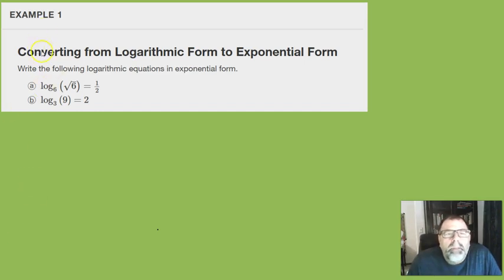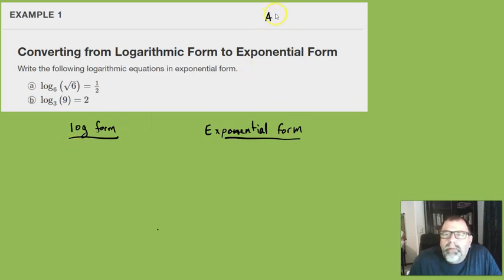Okay, let's look at example 1, converting from logarithmic form to exponential form. Write the following equations in exponential form. So we've got log form, exponential form. What I like to do is just remind you, right? So again, our mantra is going to be a logarithm or a log equals an exponent.